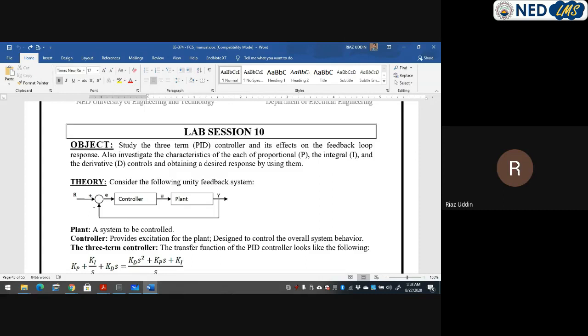As we already know, we study control system theory in order to control the desired output, but the desired output does not just come across when you find the plant of the system and implement a controller.